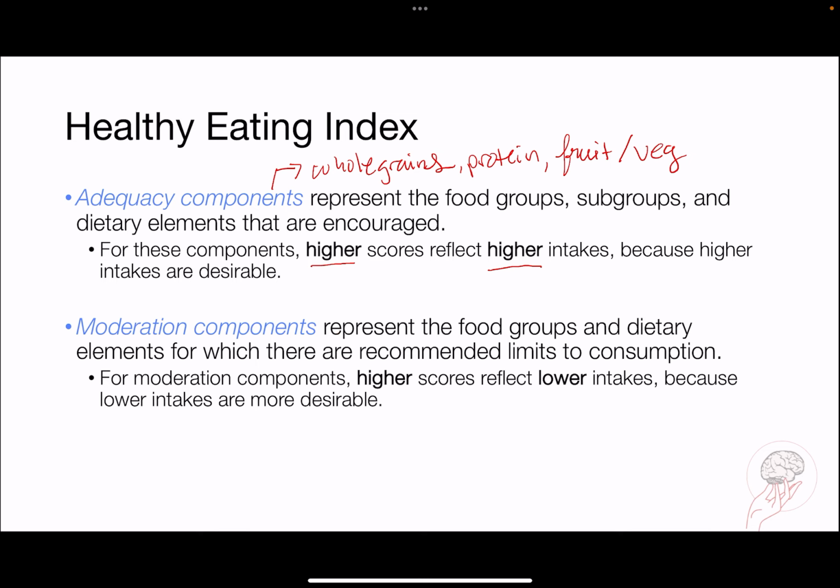These are food groups and dietary elements that we want to limit. So for moderation components, higher scores reflect lower intakes because lower intakes are more desirable. These are things like added sugar, or saturated fat, or sodium.